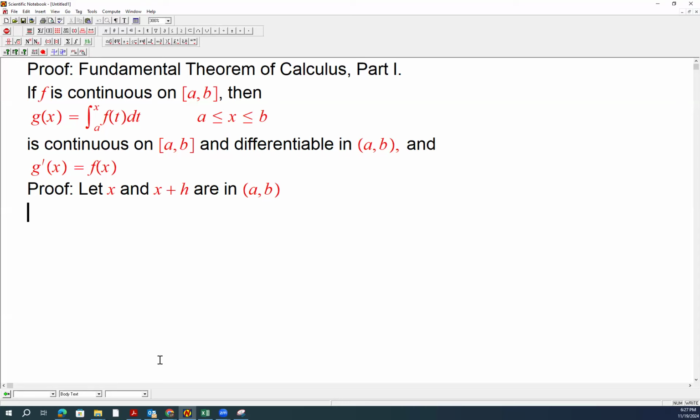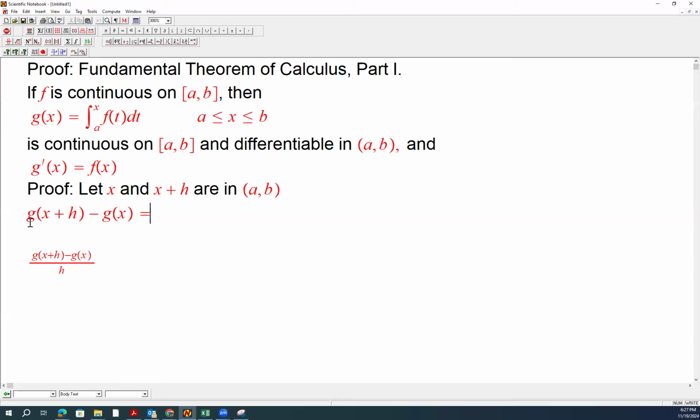Looking ahead, we want to construct g(x plus h) minus g(x), divided by h, and we're going to use this form. Before we do that, we're going to work on g(x plus h) minus g(x).